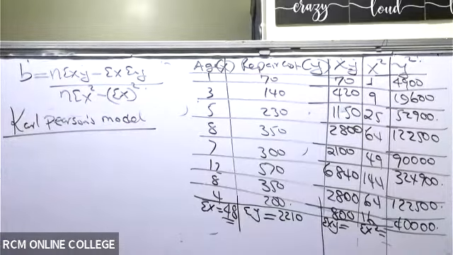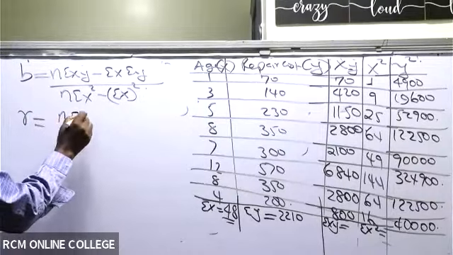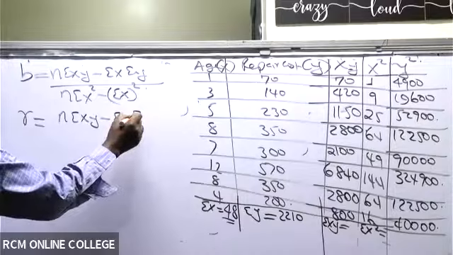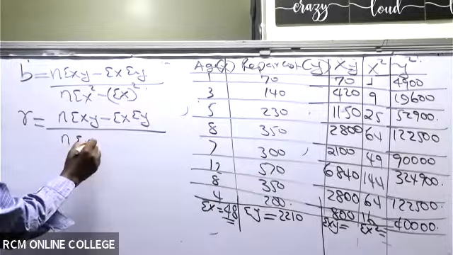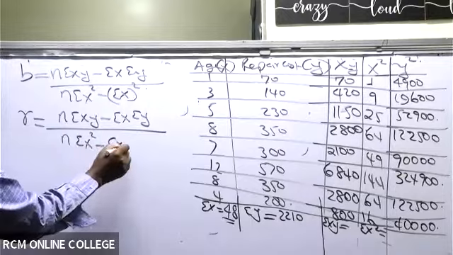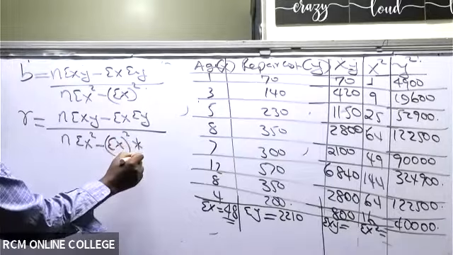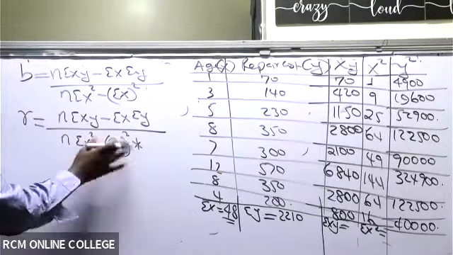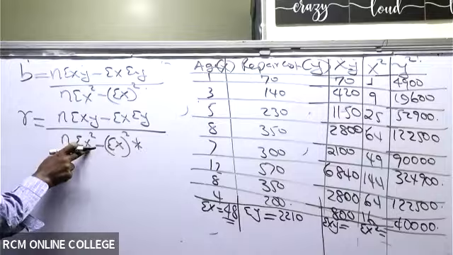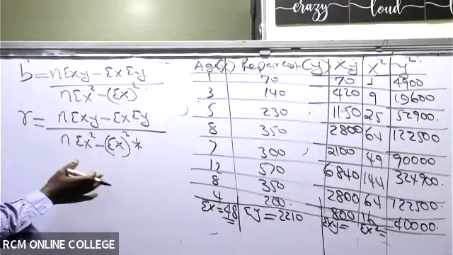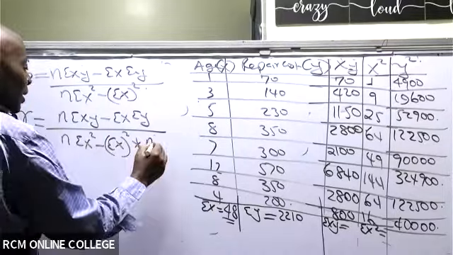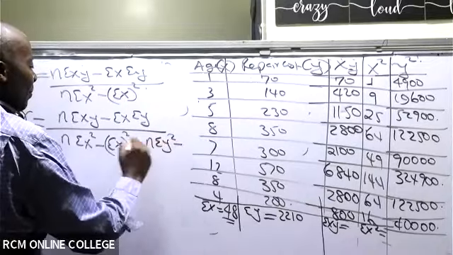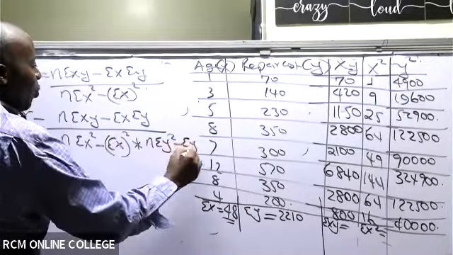To get our R, this is normally what we do. The numerators will be the same: n summations of xy minus summation of x, summation of y, all over this: n summations of x squared minus summation of x squared, times the same style, but now we replace with y, because you are correlating two. So it becomes n summations of y squared minus sum of y squared.